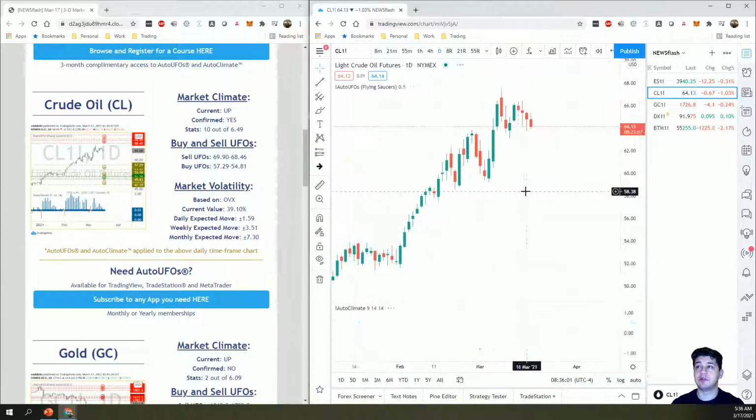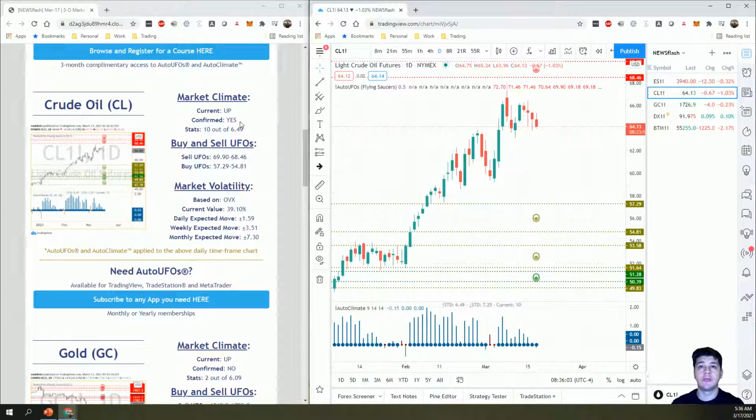Okay, the next market down, we're looking at crude oil. So crude oil is still in a confirmed up climate, as you see over here. It is the 10th day out of typically 7, so it's gone past its sensible point. It would not surprise me to see some unconfirmed daily candles coming up, because as you see, it's testing out.